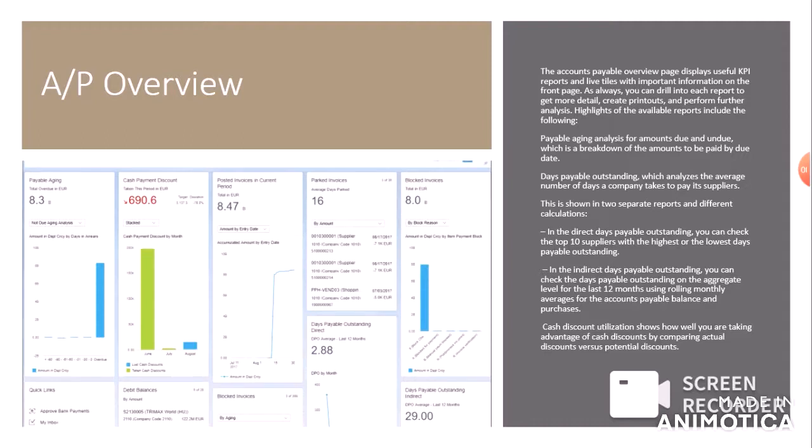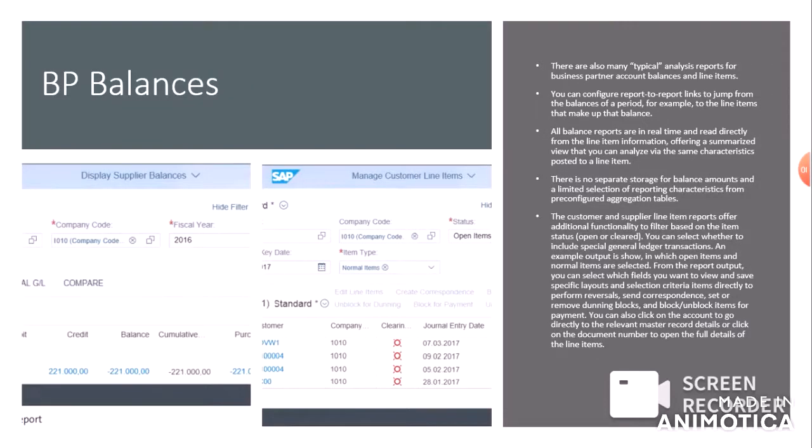And also one more thing, they are checking the cash discount. So cash discount utilization shows how well you are taking advantage of cash discounts by comparing actual discounts versus potential discounts. So, business partner balances.